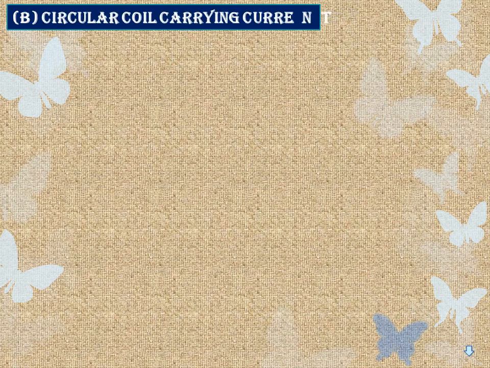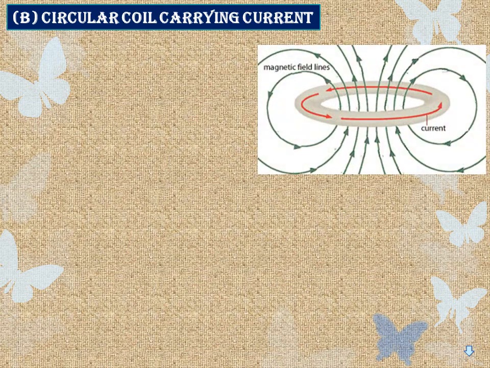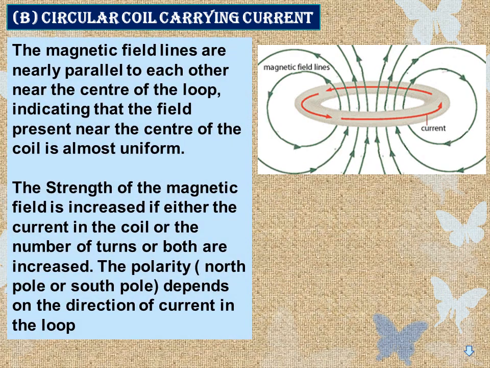Next one, circular coil carrying current. You can see a circular coil which carries a lot of current here. This is magnetic field lines and this is the current through that circular coil. Suppose we keep a magnetic compass near a current carrying circular conductor, then the needle of the magnetic compass experiences a torque and deflects to align with the direction of the magnetic field at that point.